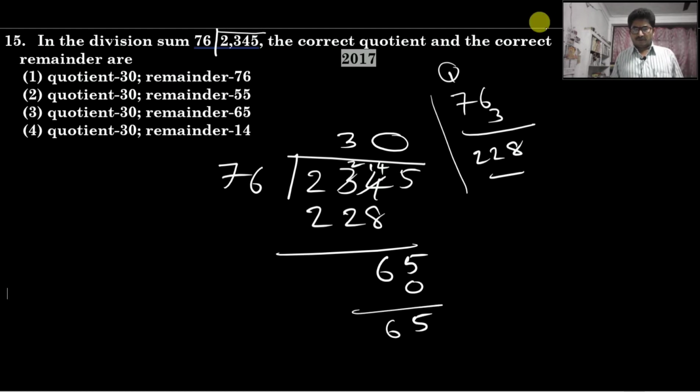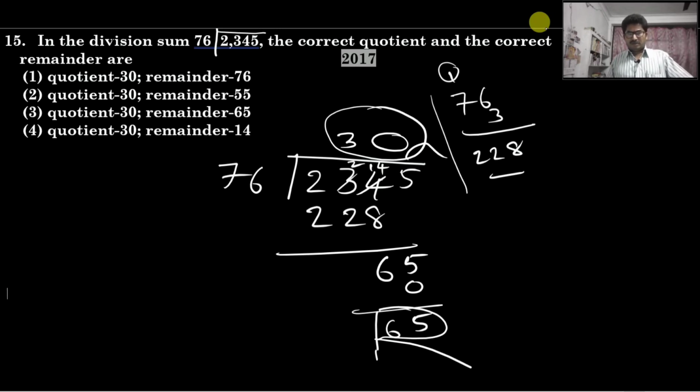So 65. So 30 is the quotient, 65 is the remainder. 30 is the quotient, 65 is the remainder. 65, option 3.